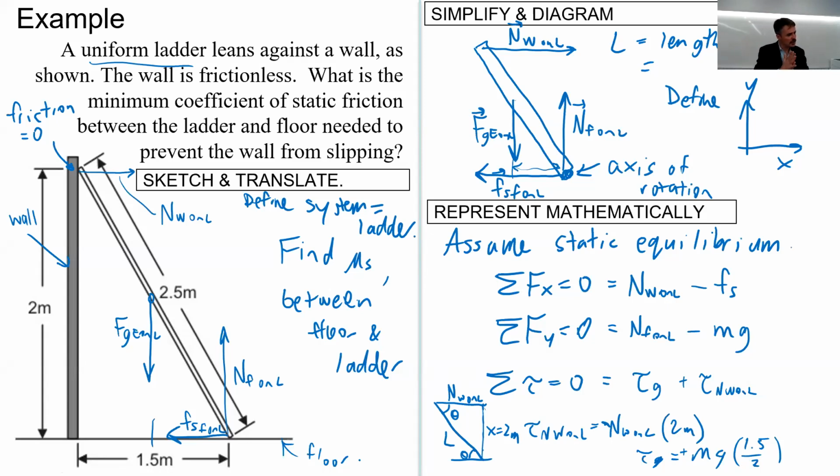And I've defined the rotation axis to be where the ladder touches the floor. So if it's 1.5 meters from where the ladder touches the floor to the wall, then half of that distance is X, the lever arm.